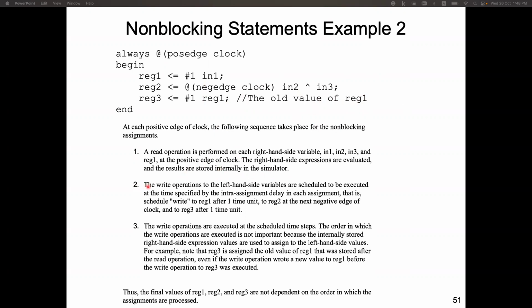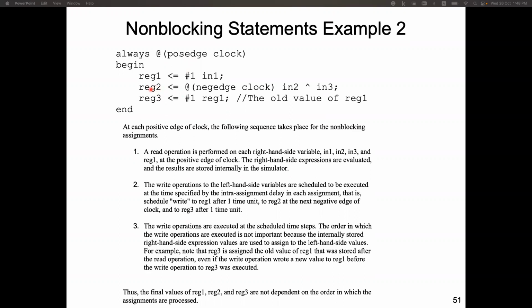And the second step, the write operations to the left-hand side variables are scheduled to be executed at the time specified by the delay control statements. So for the first statement, the write operation to register 1 will take place after 1 unit of time delay, 1 unit of time after a positive clock edge.